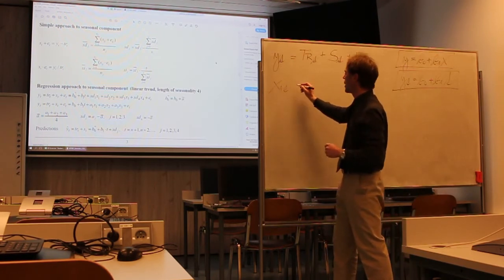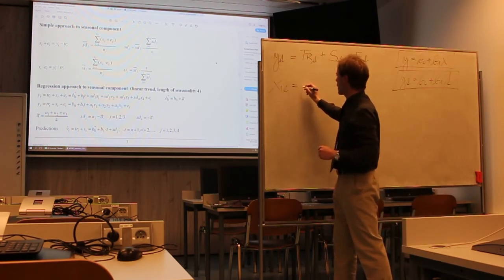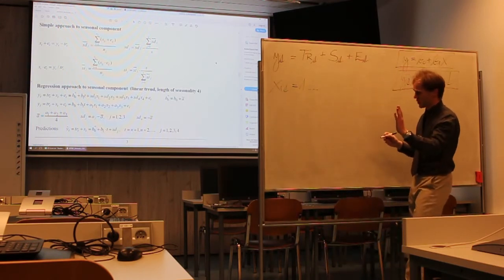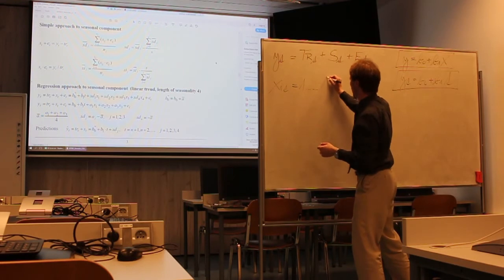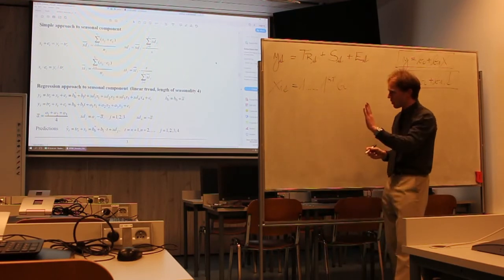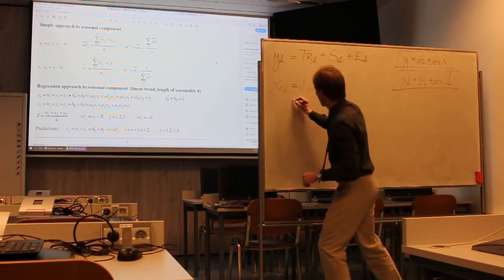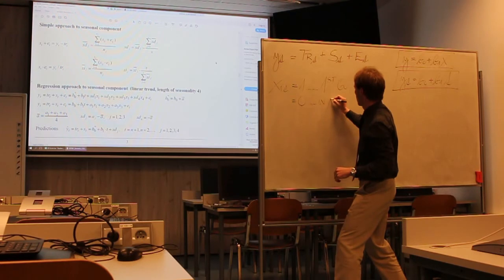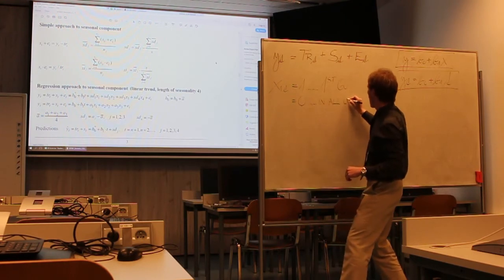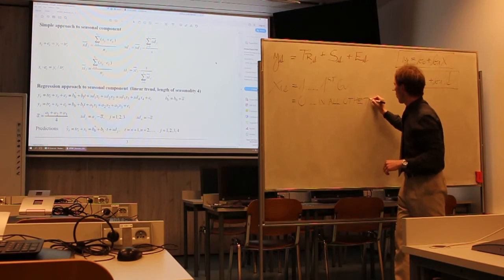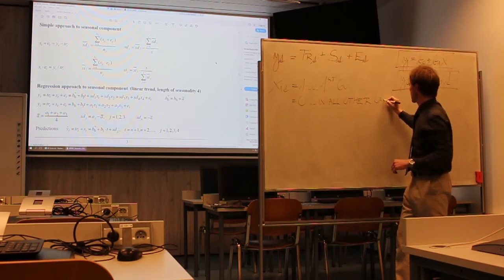Variable x1 at time t is equal to 1 in the situation that we have the first quarter of the particular year, and this variable is equal to 0 in all other cases.